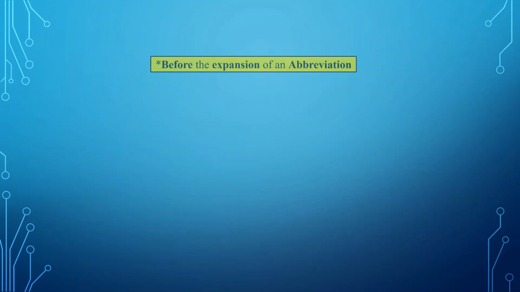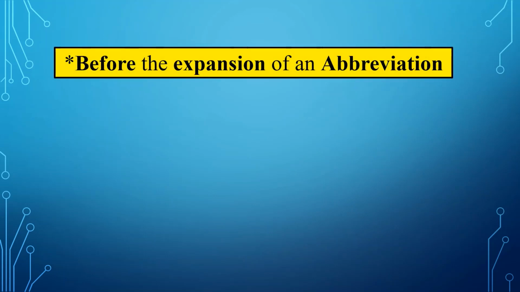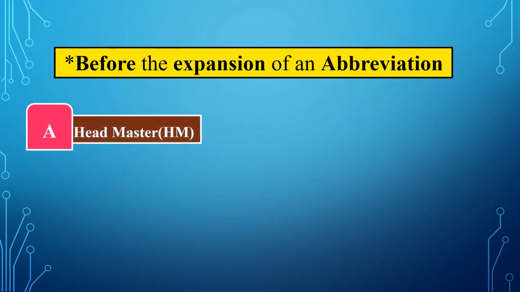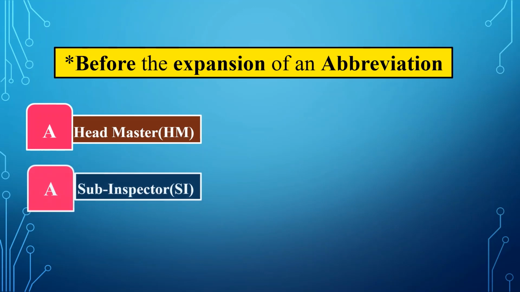We use a before the expansion of an abbreviation, even if the abbreviation starts with vowel sound. For example, an HM is expanded as a headmaster. An SI is expanded as a sub-inspector.